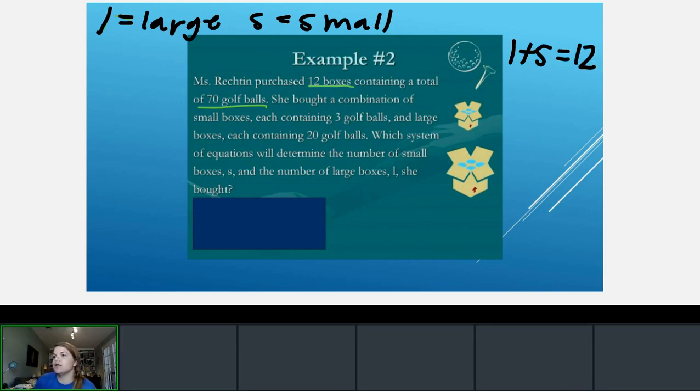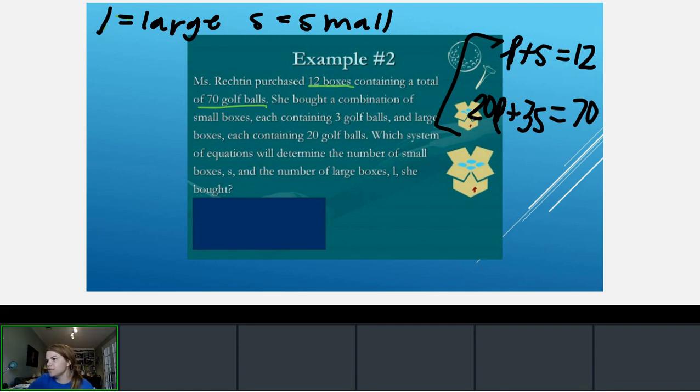All right. So in those 12 boxes, there was a total of 70 golf balls. How did she make up that 70? Well, for every large box, there were 20 golf balls. So 20L, plus 3 for every small box, 3S. So there's our system of equations.